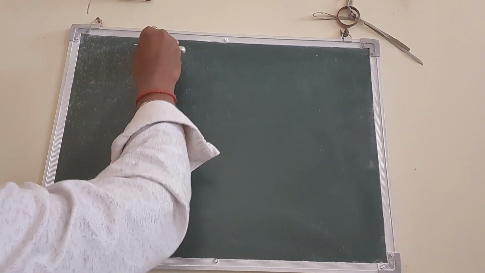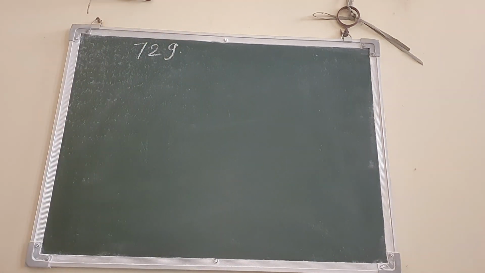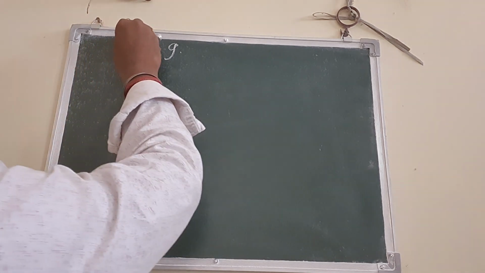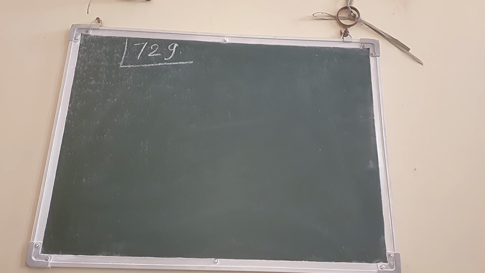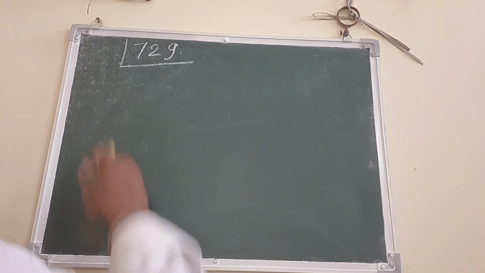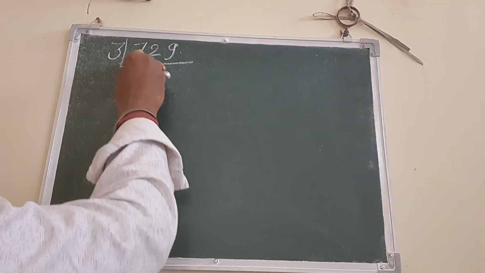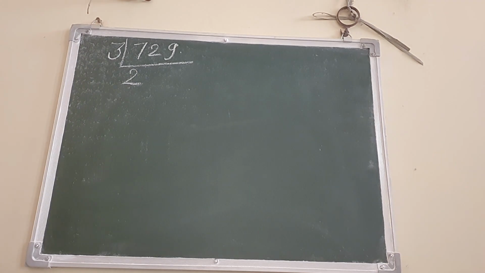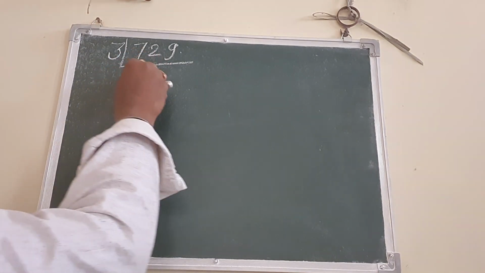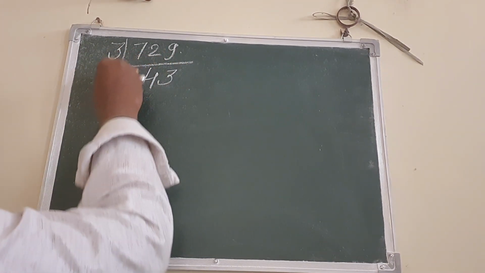Here we have to find the cube root of 729. So by prime factorization we are going to start. Since it is an odd number, it is divisible by 3. So 3 2s are 6, 3 4s are 12, 3 3s are 9.